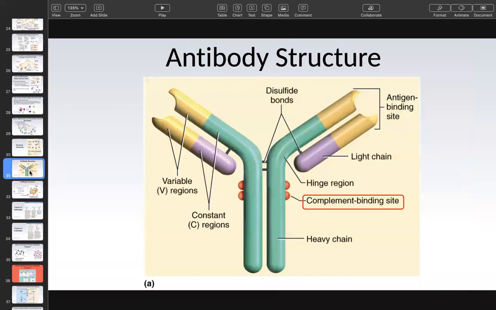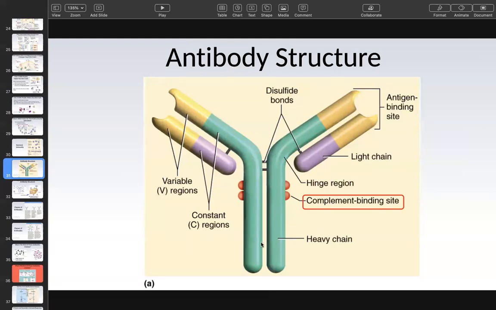Here is the classic Y-shaped antibody structure, worth knowing really well. There are 2 heavy chains and 2 light chains structured in a Y letter. At the top of the Y are 2 antigen binding sites. These are specific to a certain part of a pathogen. Could be bacteria, could be a parasite, could be a virus.